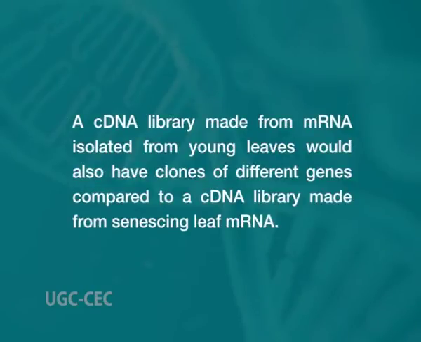A cDNA library made from mRNA isolated from young leaves would also have clones of different genes compared to a cDNA library made from senescing leaf mRNA. Some cDNA gene clones would be found in most cDNA libraries. These would be clones of genes that are expressed in all cells in the plant.